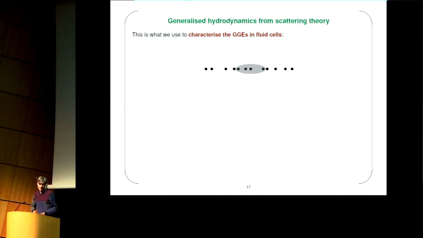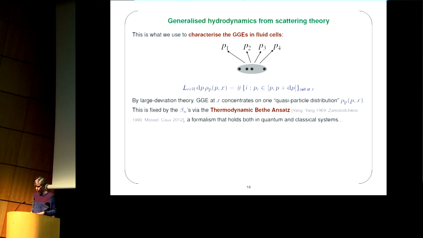So I look at this fluid cell and extract it and see what particles come out, what are the asymptotic momenta. The idea is that these asymptotic momenta are correct conserved quantities. So the distribution of momenta within the fluid cell is a correct conserved density.